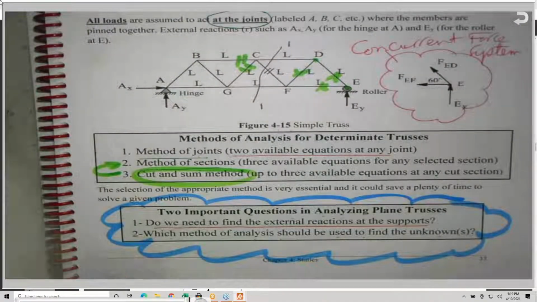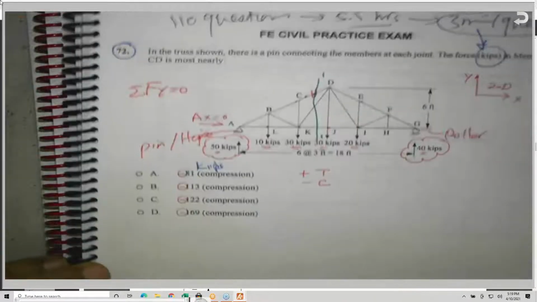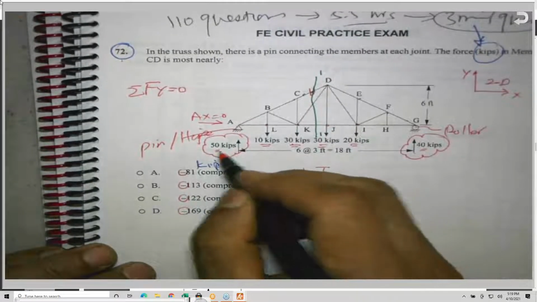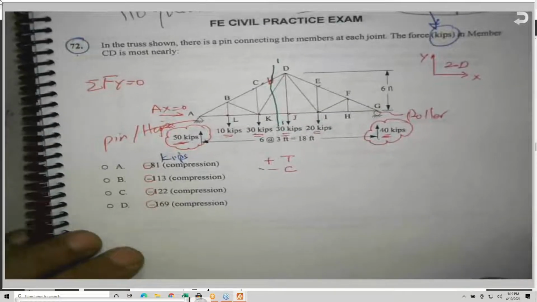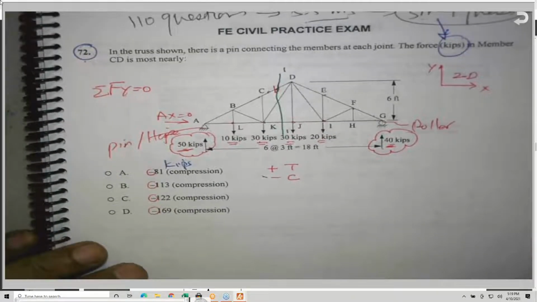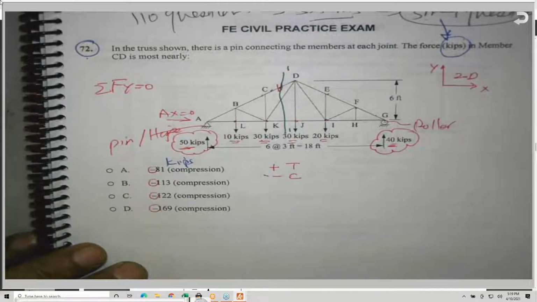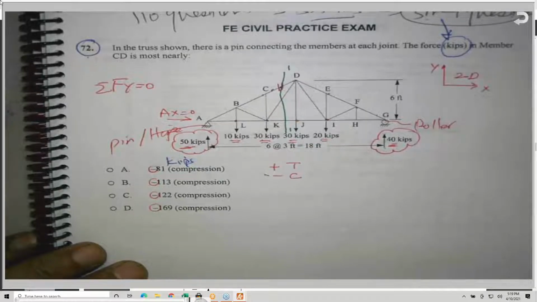This is why I'm telling you that in FE problem 72, he found these reactions, and I'll show you how he got these numbers. Just a refresher, I know you know it. But do we really need them? We will see that.